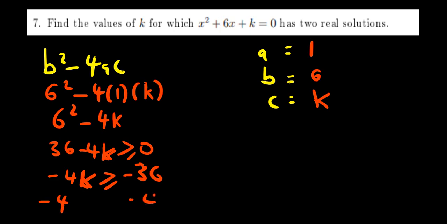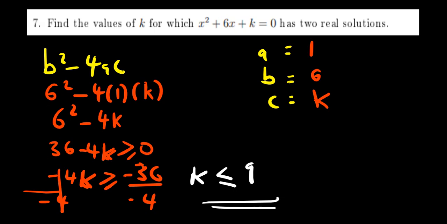From the rule of inequalities, which you can watch in our videos on inequalities, when dividing by a negative the inequality changes direction. So k is less than or equal to negative 36 divided by negative 4, that is 9. So the values of k for which x squared plus 6x plus k equals 0 has two real solutions are k less than or equal to 9. You want all those values less than or equal to 9.